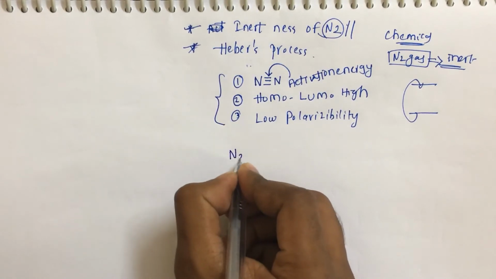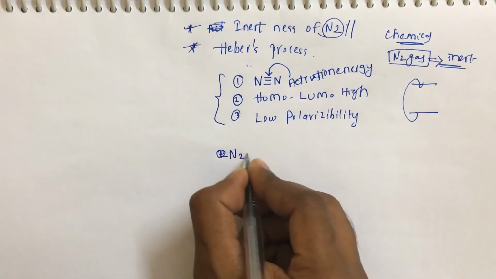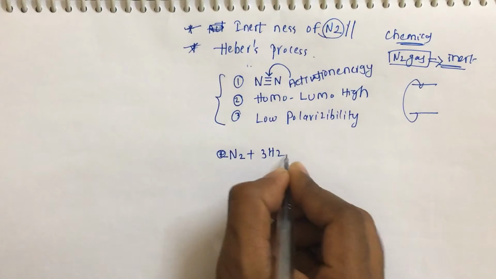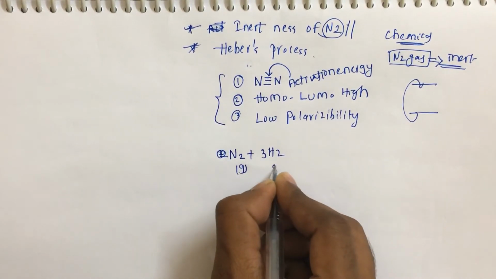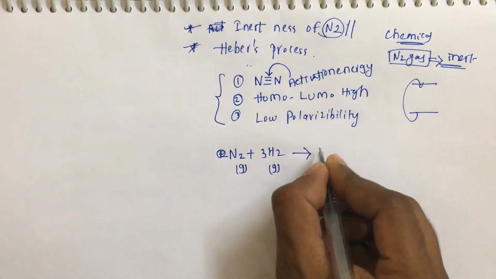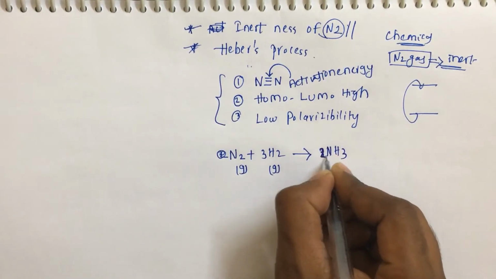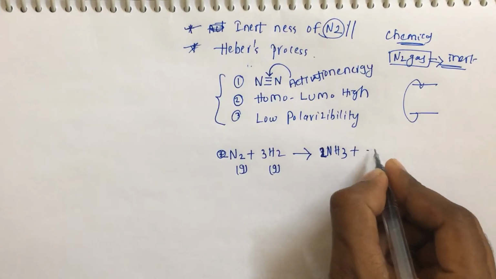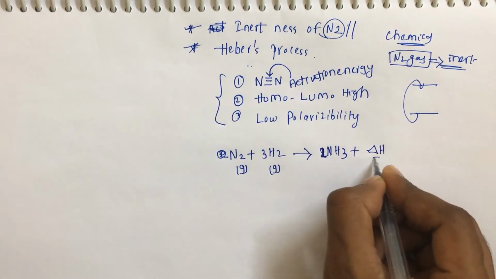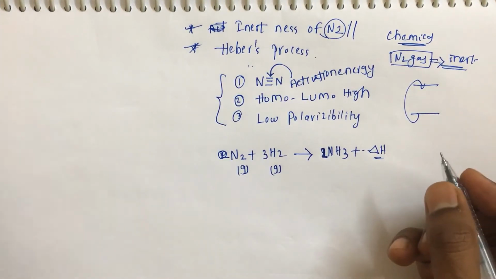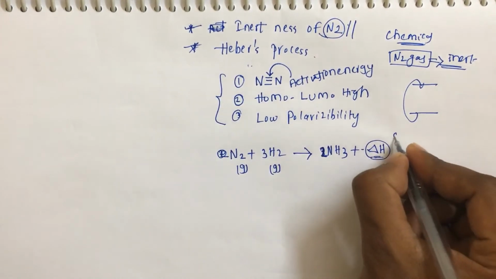So what is the Haber's process? We have 1 mole of nitrogen plus 3 moles of hydrogen. These both are gases, and we get 2NH3 plus some energy, some heat will be released here. Okay, we can say this is an exothermic reaction.